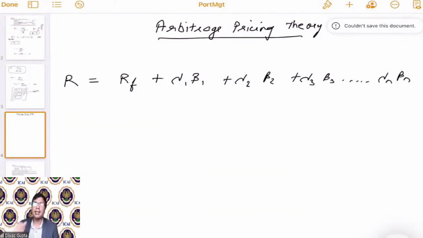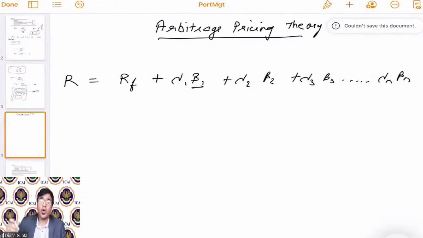Now it says that there are a lot of other reasons for the return to be influenced apart from the risk premium. For example, inflation can also impact the prices. Now, this beta 1 is the sensitivity of returns in relation to the inflation, not in relation to the market premium or the market return.